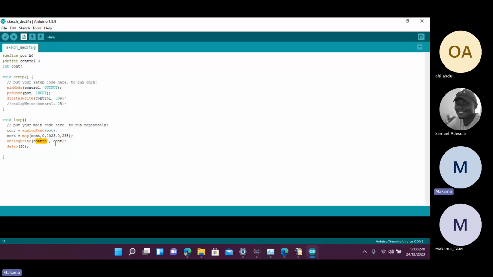It outputs the value that we have read and mapped during our loop. Then it does a delay of 20 milliseconds, which is a very small delay, so that the response of the Arduino after tuning our potentiometer is so fast, without wasting too much time to change the speed of the motor.